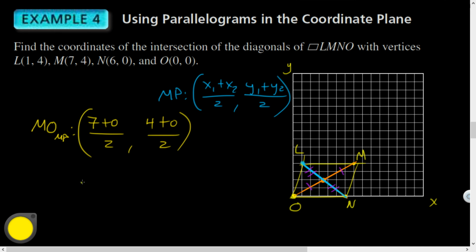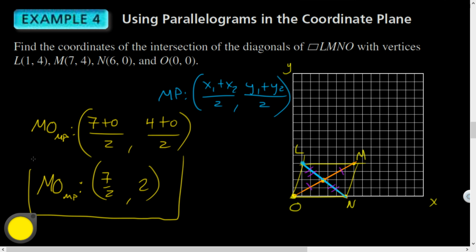And that's just going to end up being 7 halves, comma 2, or 3.5, which graphically might have been my estimate. 3.5, comma 2 is the midpoint. I guess I'll call it Mo midpoint. I like that a lot. Well done. That was way easier than the method I was going to do.